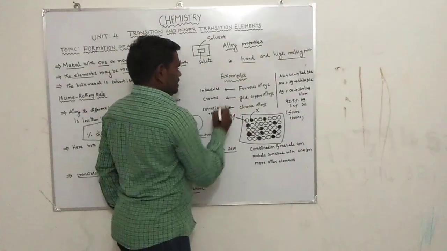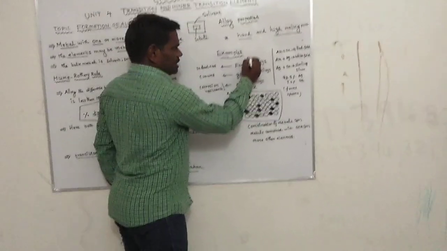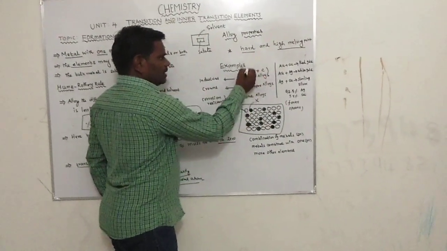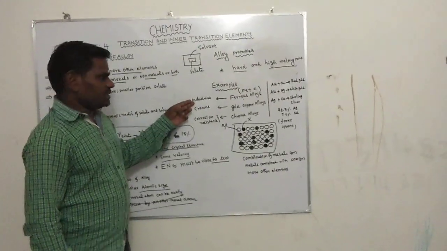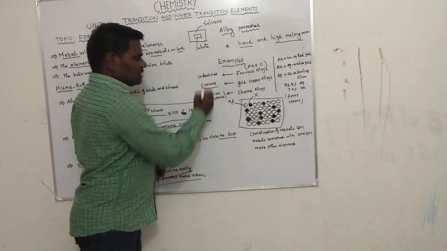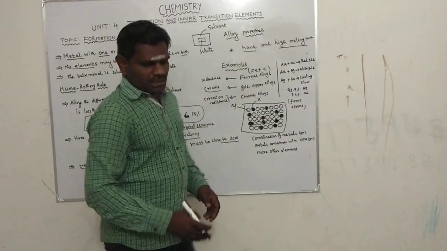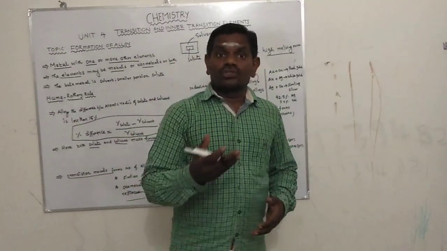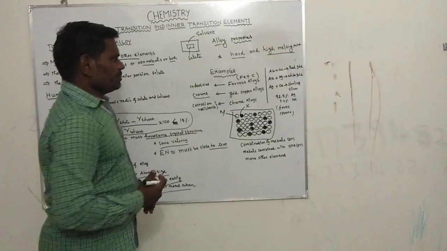Examples of alloys: ferrous alloys, where ferrous means iron and carbon alloys, are used for industrial purposes. Gold and copper alloys are used for ornamental purposes. Chrome alloys are used for corrosion-resistant material preparation.